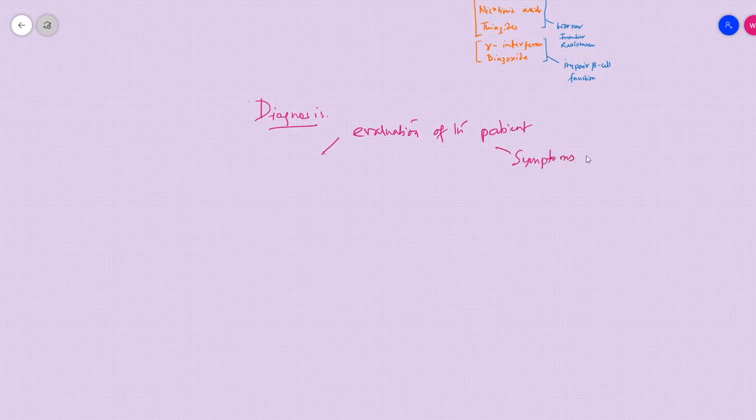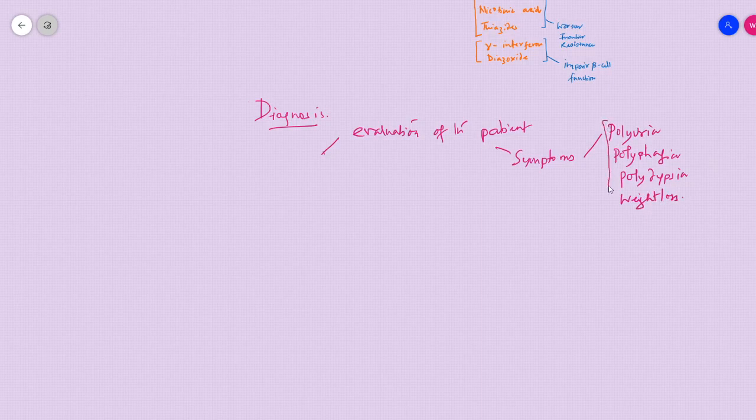The presenting symptoms, if it is, say, polyuria, polyphagia, or polydipsia, meaning you're feeling thirsty, you're urinating, and you're feeling hungry, you are obsessed with eating, and you have some bit of weight loss.